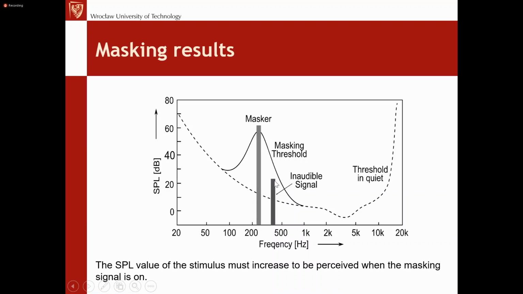So this signal will be audible again when its sound pressure level is greater than this masking threshold. In this case, I think it's about 15 or 20 decibels. So this signal will be audible again, but without an increase of sound pressure level, this signal remains inaudible in the presence of the masker, of course.